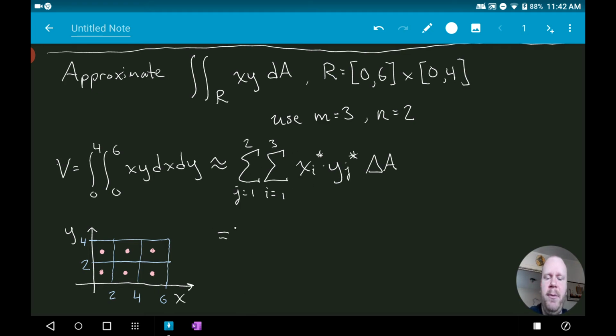Okay, so I suppose I could write out what my delta A is equal to. So delta x, right, and delta y. Delta x is equal to 2, delta y is also equal to 2.